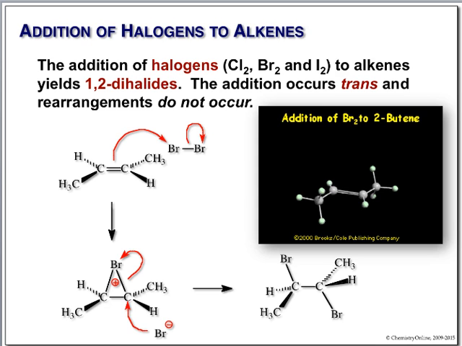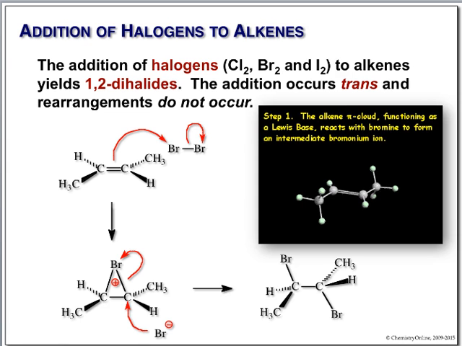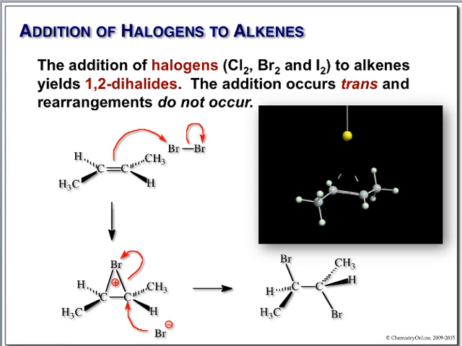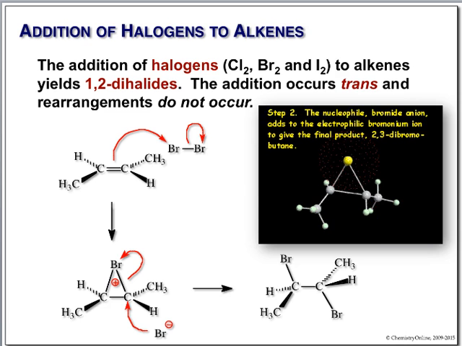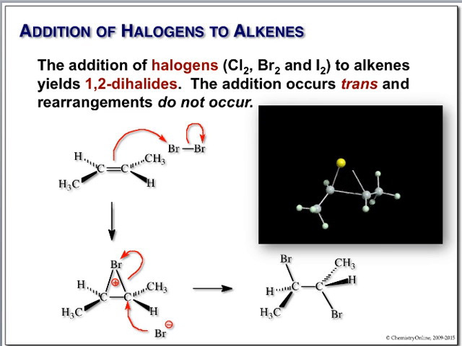Br minus is going to attack backside to give us trans stereochemistry. Step 1, bromine comes in, deposits the bromine there. This is our bromonium ion. Step 2, Br minus approaches from the opposite side, and we get our trans 1,2 dibromide.